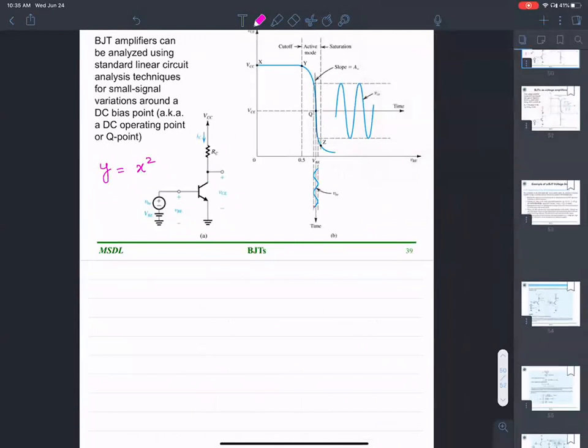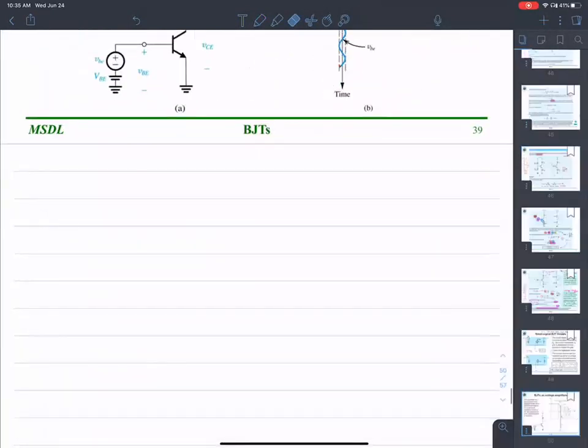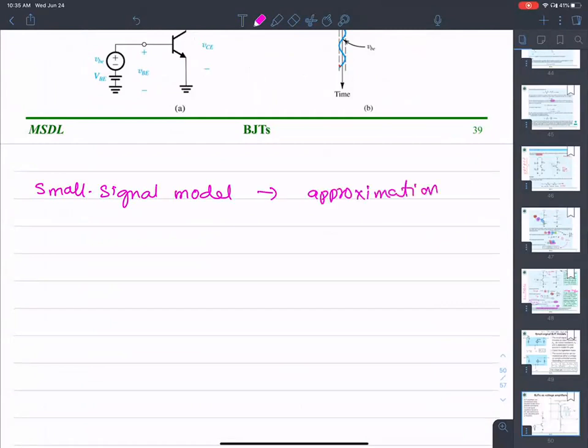I want to talk about the idea of the small signal model, an approximation as a linear circuit.